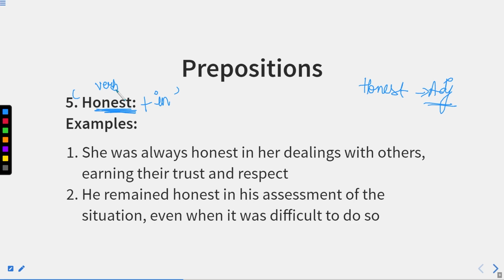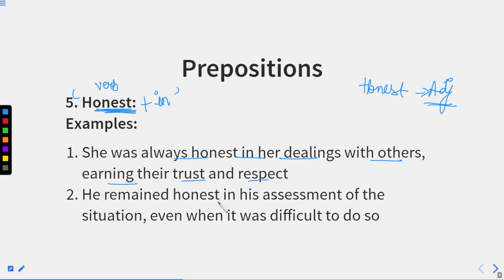So let us see some sentences of it. She was always honest in her dealings with others, earning their trust and respect. It means she was sincere in her dealings with others. She earns everyone's heart, everyone's trust, just because of her honest and sincere dealings.